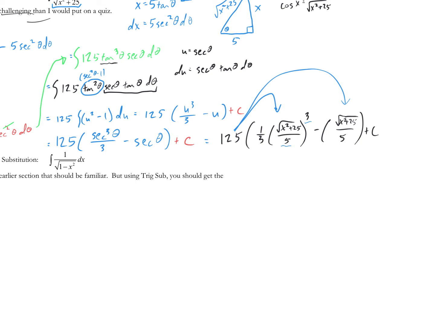So I guess I could write this a little bit simpler as, let's see, the square root of x squared plus 25 cubed over 3, so I'm putting that 3 back in the denominator, minus 25 radical x squared plus 25, and then plus the c. I think that's about the best I can get this one.